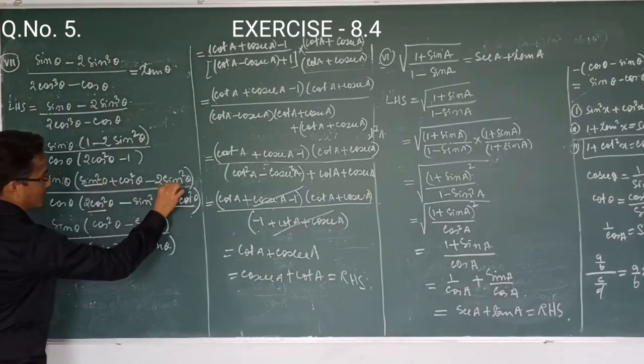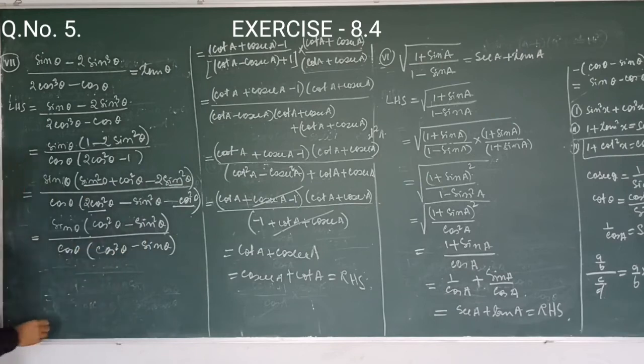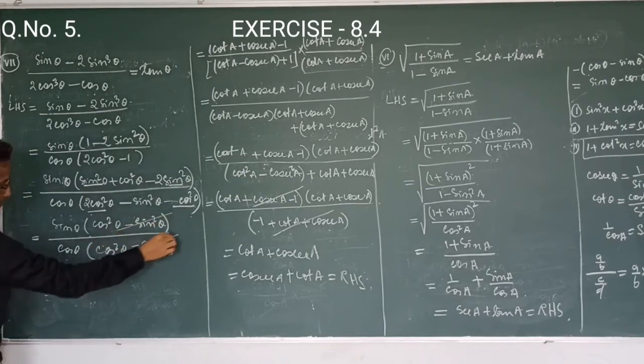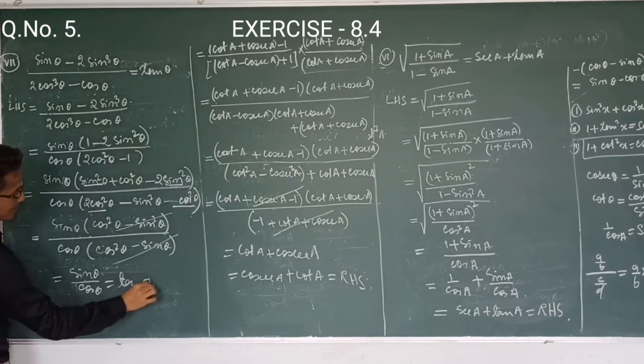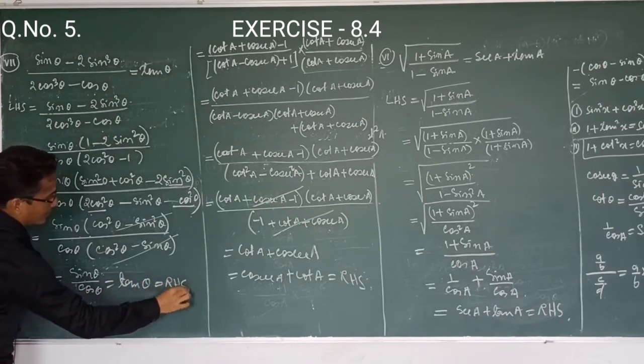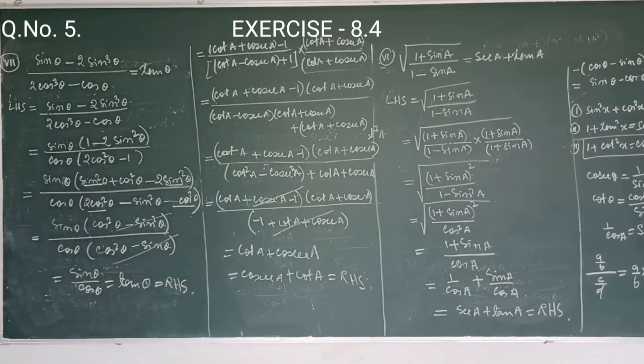This two if you simplify, you will get sin square theta. Now you see these two terms are going to be cancelled. So what you get? Sin theta by cos theta, which is equal to tan theta. That means our right hand side. Clear? So this is question number 7 solution.